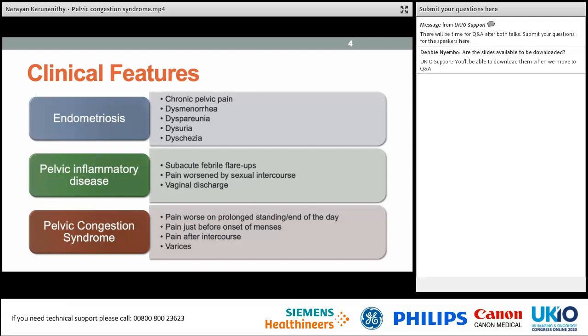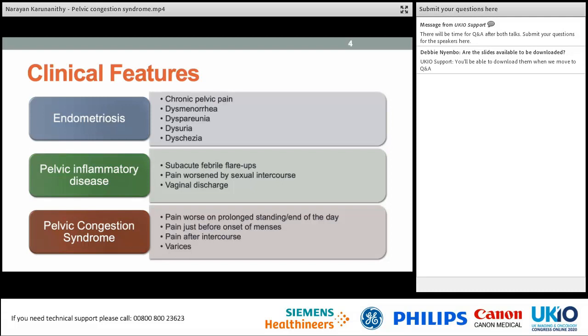And in particular, if women describe chronic pelvic pain that is worse on prolonged standing or at the end of the day, and at the same time describe that the pain is pretty much non-existent when they wake up and gradually becomes worse over the course of the day, that's highly suggestive.